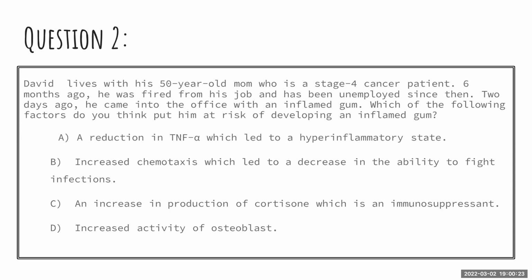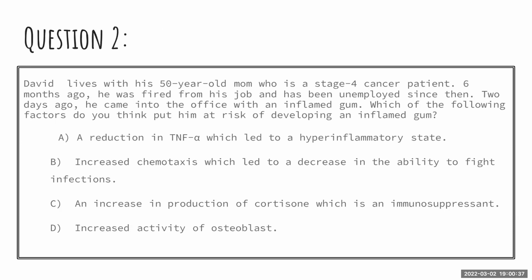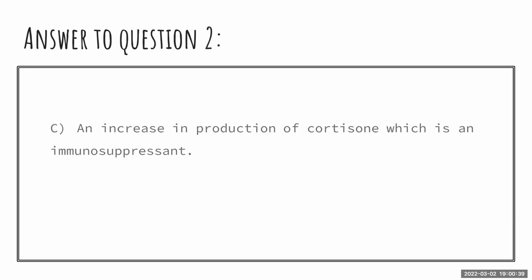Which of the following? So this isn't all of the above. D. Not pick all that are applicable. So what is the best one? Increase in cortisone, which is an immunosuppressant. You guys rock.